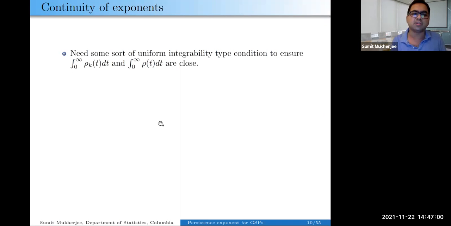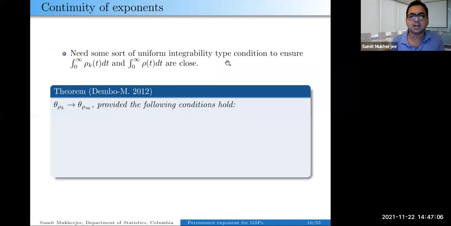So maybe we want the integrals to converge, to be close in some sense. This is a result in that direction. It captures that you do need some sort of condition which takes care of this type of issue. You don't want one of them to be converging and the other one to not.